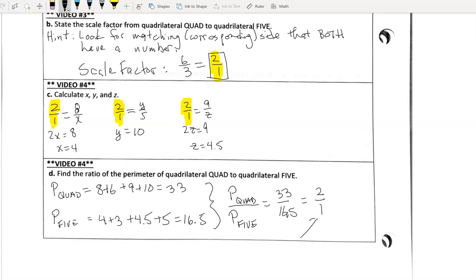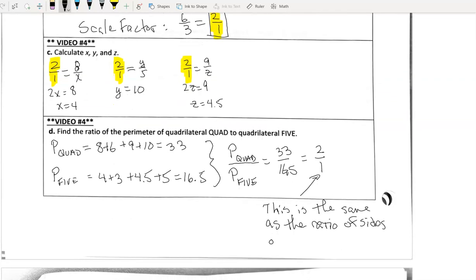Notice this is the same as the ratio of sides, or the scale factor. If you remember this handy fact, you don't need to do all this work. All you need to do when they ask you to find the ratio of the perimeters of similar figures is write the scale factor.